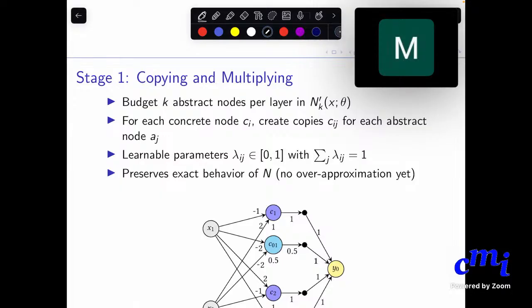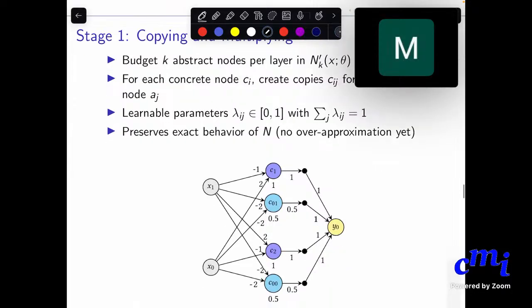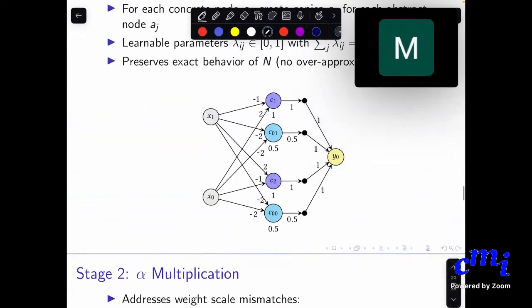It might happen that multiple concrete nodes are responsible for one abstracted node, or multiple abstracted nodes are responsible for one concrete node. To deal with this, we copy and multiply: for each concrete node Ci, we create a copy Cij for each abstract node Aij.